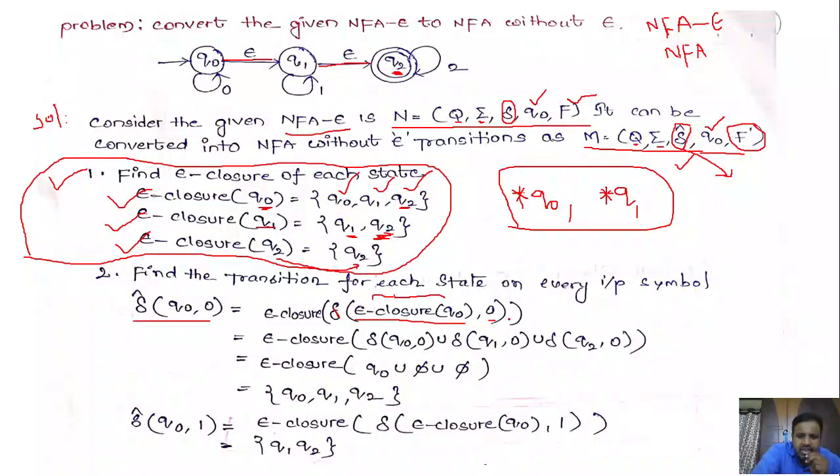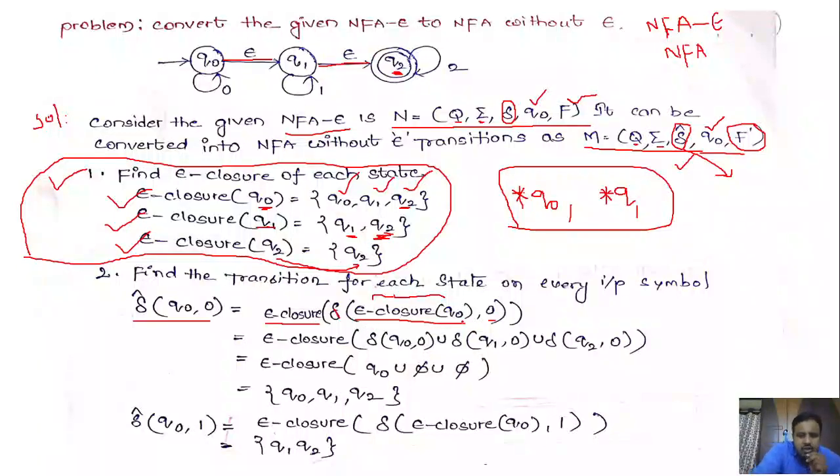Then, whatever resultant state you get, you have to perform the epsilon closure once again. In the previous session I mentioned this point: before performing the transition, that is delta, we calculate the epsilon closure, and after performing the transition, we again perform the epsilon closure. Two times, right?